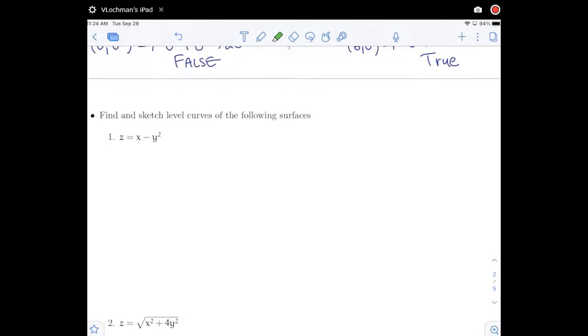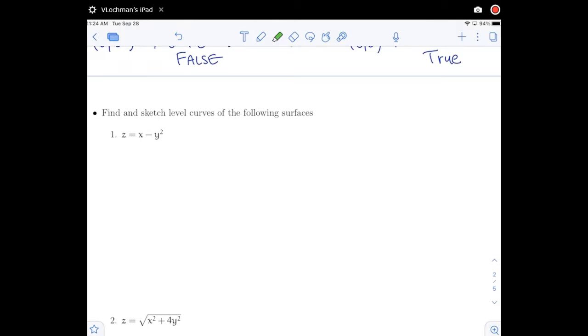So let me go ahead and just give you a brief picture of what I'm talking about. Let's say we're dealing with a cone. Okay, so this picture is not going to go with the problem that I'm about to discuss, but just a general idea of what level curves look like. So let's say we have a cone, and I'm going to cut this cone with planes.